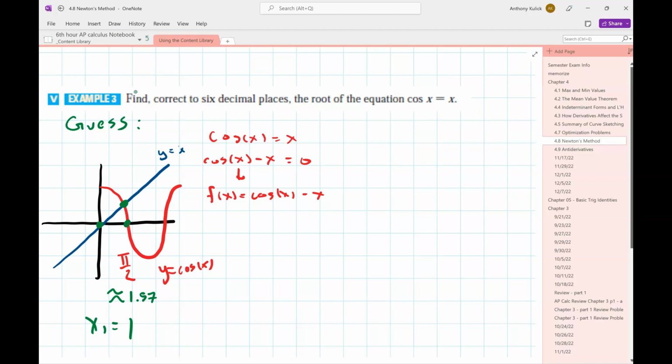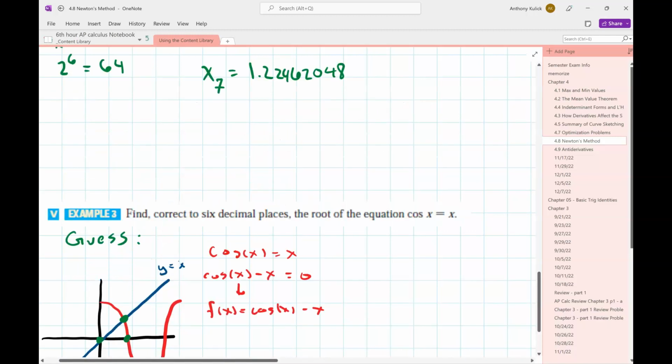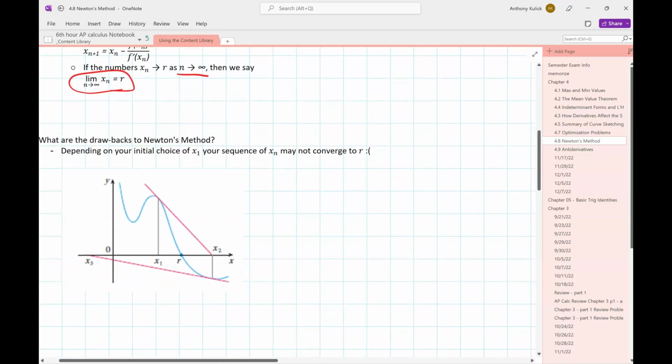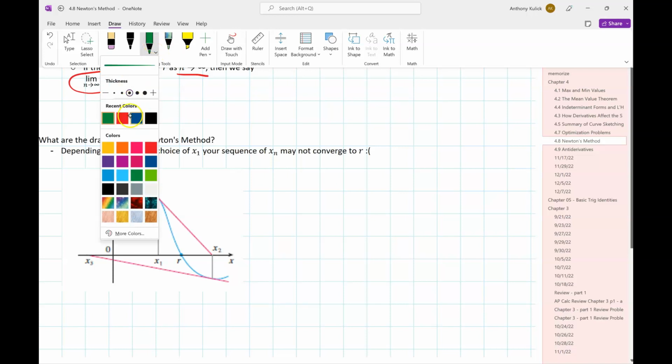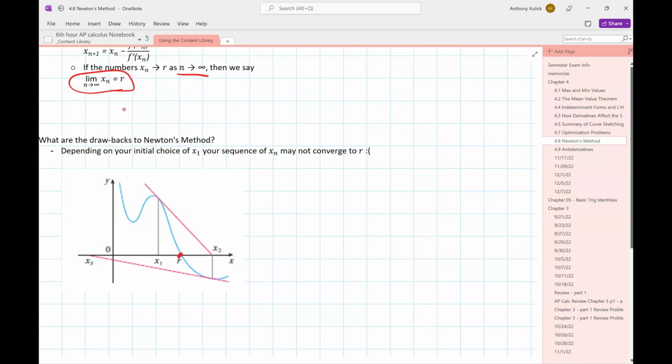Yes, but how close does the guess need to be? Depends. Okay. Well, I'll show you an example in a second where you have a bad guess and you're not close enough. Go and look at this graph right here. We're looking to get r, right?